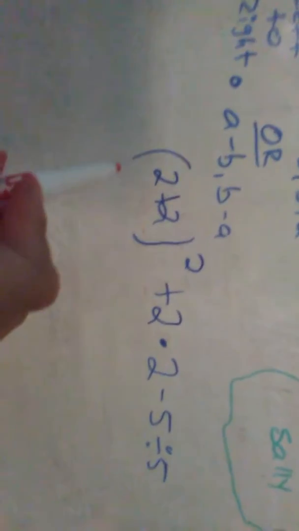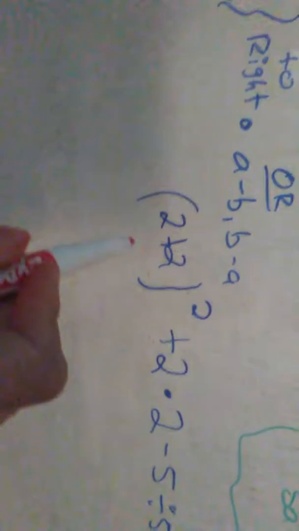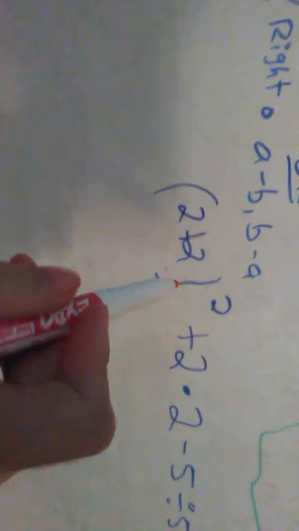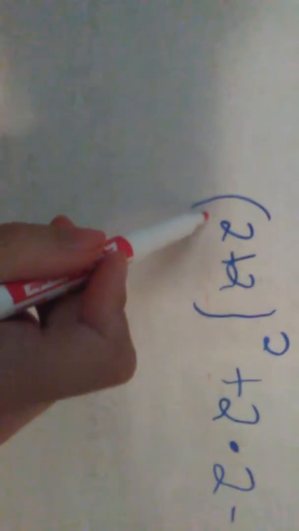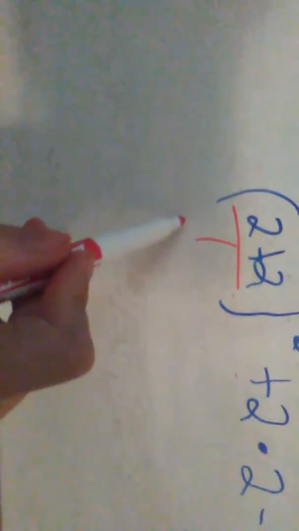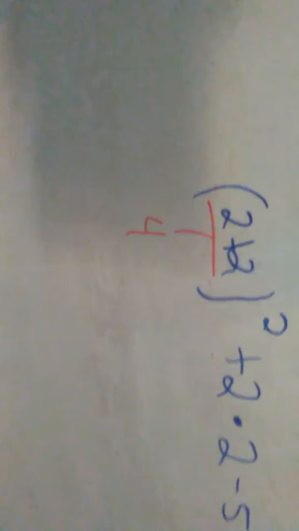So according to the order of operations, we look at our equation and we say, okay, do we have any parentheses? Yes, I see a set of parentheses right here. And do we have anything inside of those parentheses? Yes, we have 2 plus 2. So we evaluate that as 4.